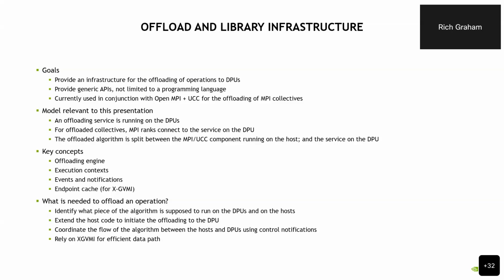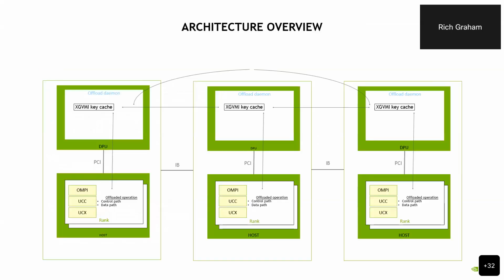And as I indicated before, one of the very specific things that we wanted to support with this infrastructure is using this concept of cross-Gvmi memory keys, because we want to minimize the amount of memory that's copied between the host and the DPU, and so we make heavy use of the cross-Gvmi memory keys. So here's just a cartoon of what this support looks like.